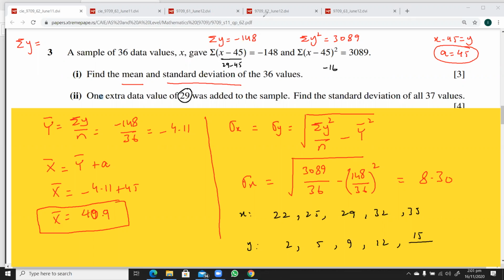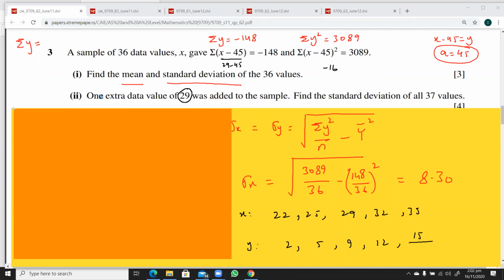Okay. Now, please tell me, did you understand this or not? Yes or no? Yes, sir. So now your new sigma y, beta, God bless you people, is going to be minus 148 plus this minus 16. That is going to be minus 164.